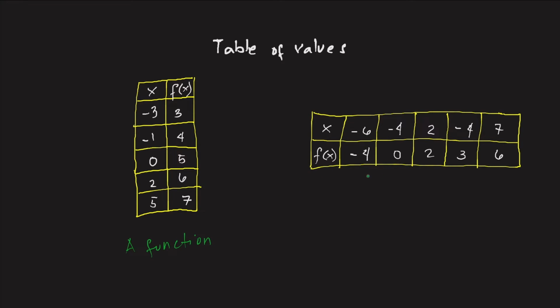Now let's move on to our second table. So in this example, we just need to first look at the elements in the domain. We have negative 6, negative 4, 2, negative 4, and 7. We see that negative 4 appears twice.